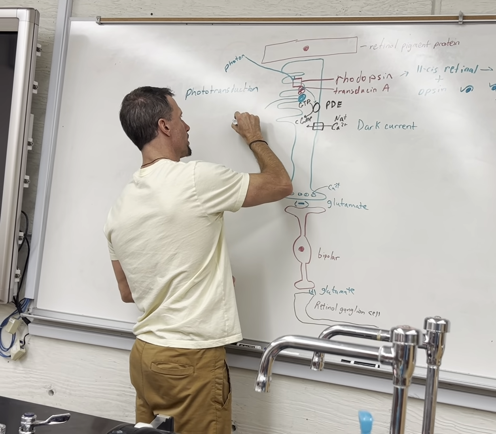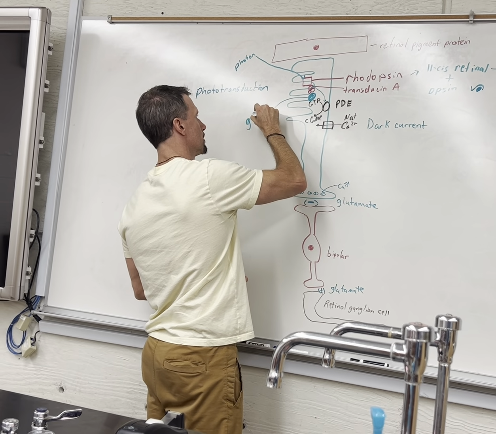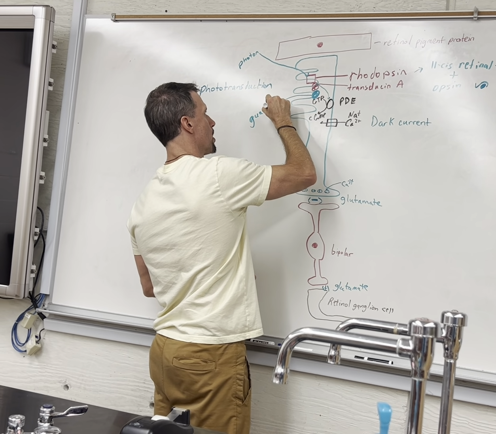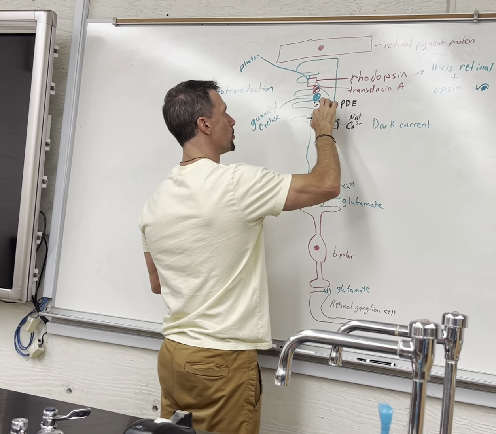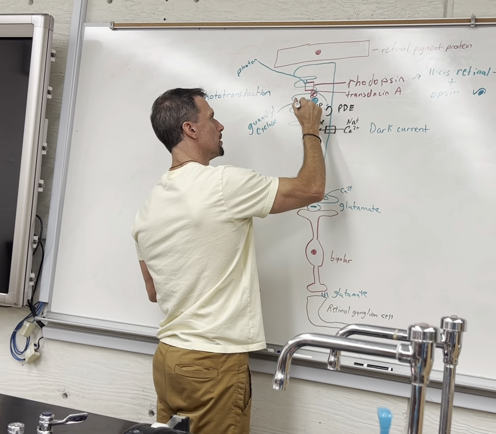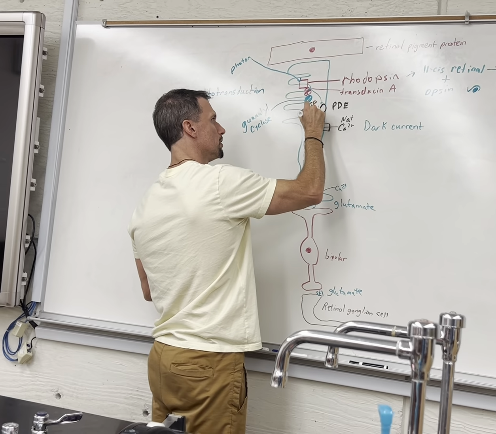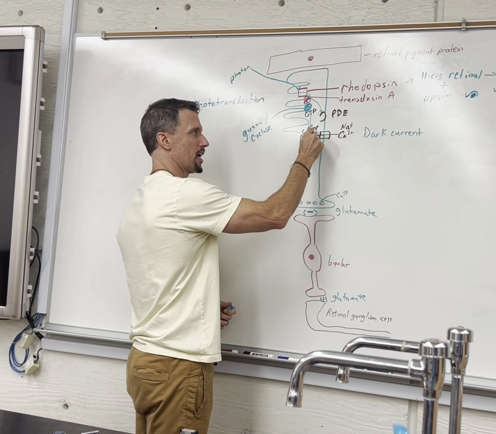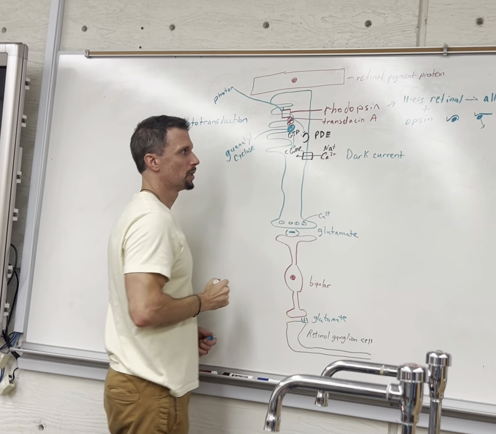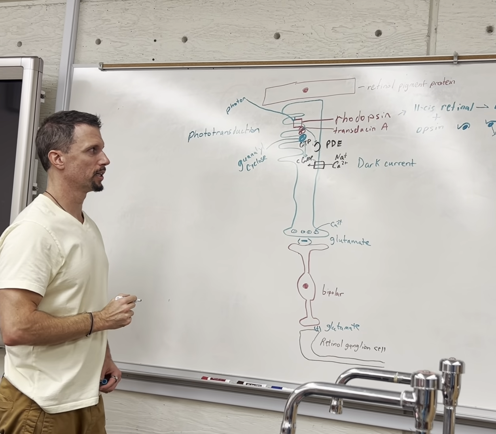This is called guanylate cyclase, or guanylyl cyclase. So this is the one that's making GTP into cyclic GMP.